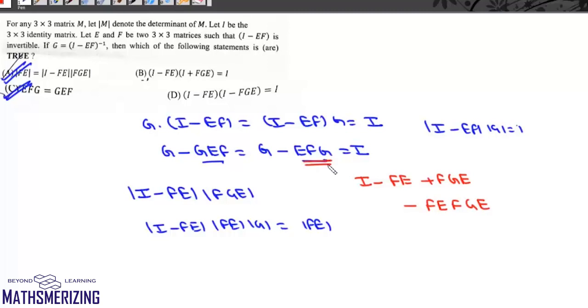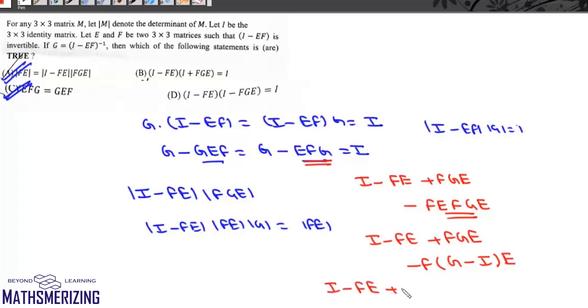We know that we can write EFG as G minus I. So we write EFG as G minus I. So it will be I minus FE plus FGE minus F, and this is G minus I into E. So it will be I minus FE plus FGE. Now this is FGE and plus FE. Now this FE will cancel, FG will also cancel. So this is equal to I. That means this option B is also correct.